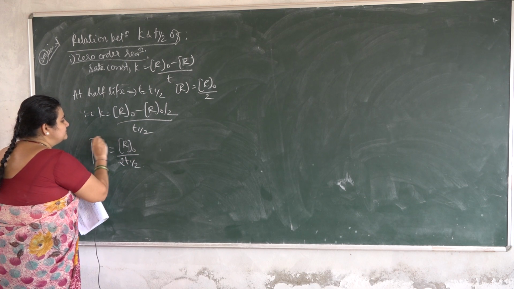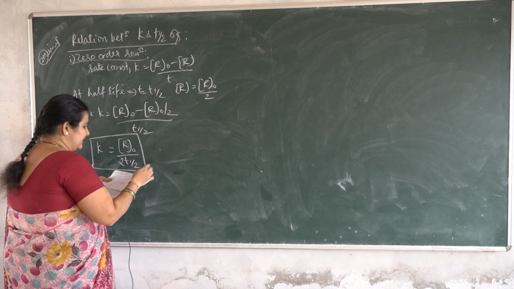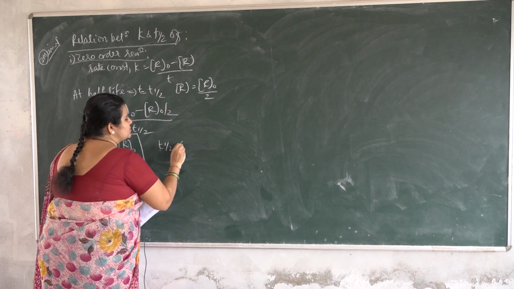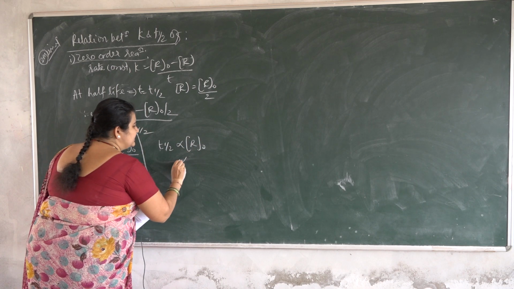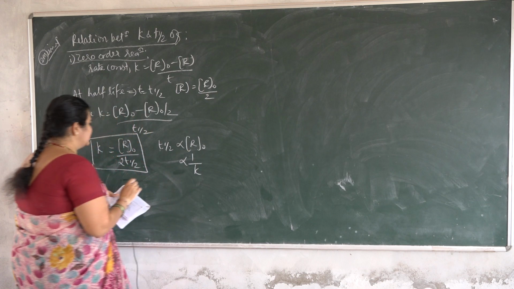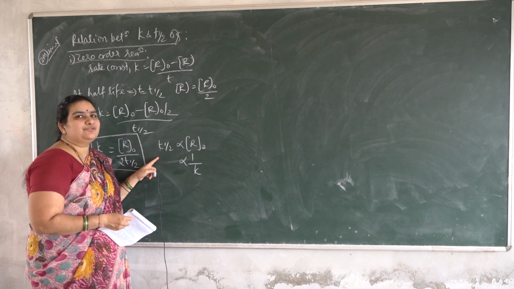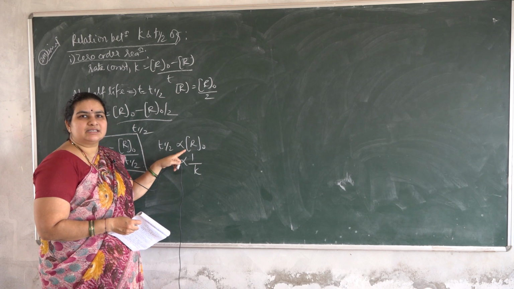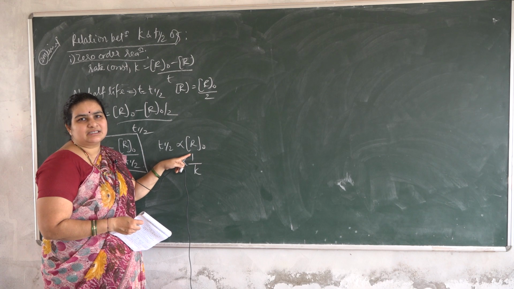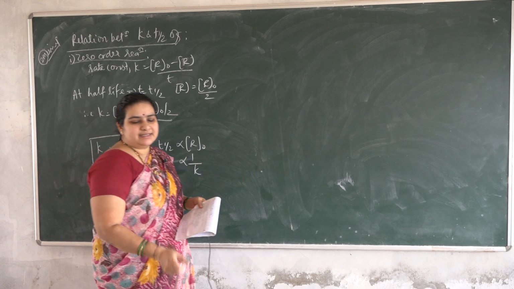So in this equation t half is proportional to the concentration [R]₀ and t half is inversely related to K. For a zero order reaction, t half is directly proportional to the initial concentration of reactants and inversely proportional to the rate constant of the reaction.